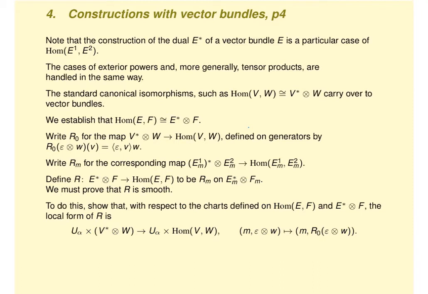So one thing to note is that, of course, the dual of a vector bundle is a special case of what we've just done. The dual is indeed simply Hom of Em cross R, as the first use of a trivial vector bundle, right?